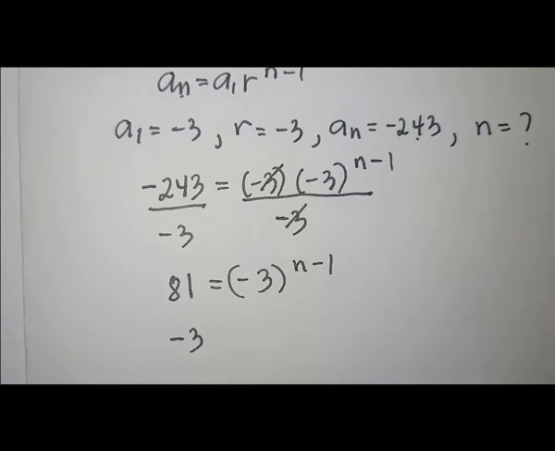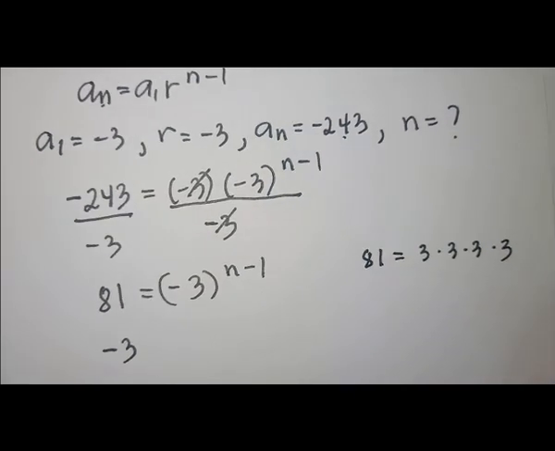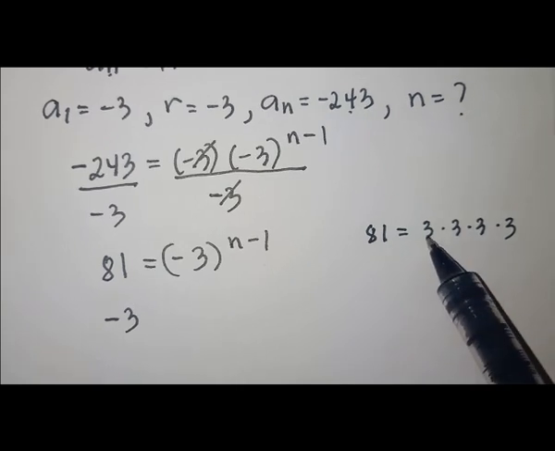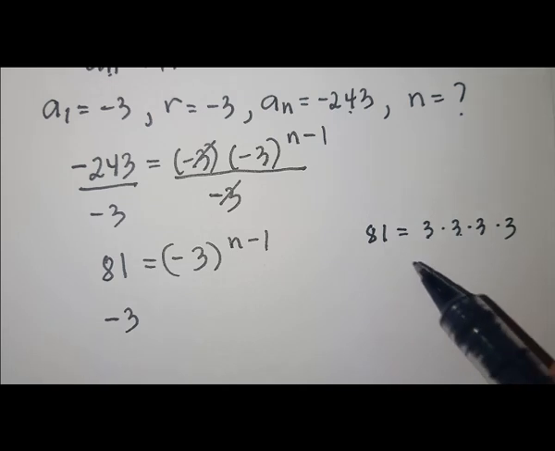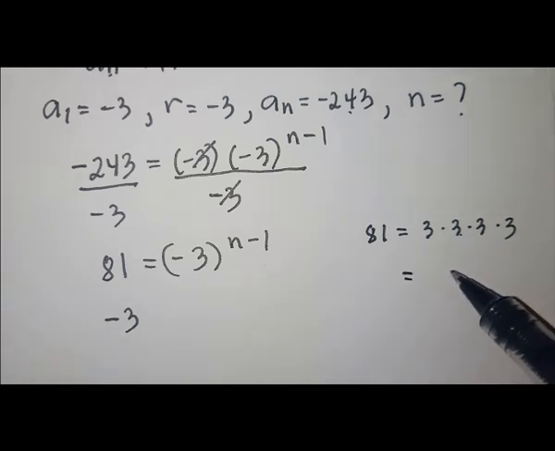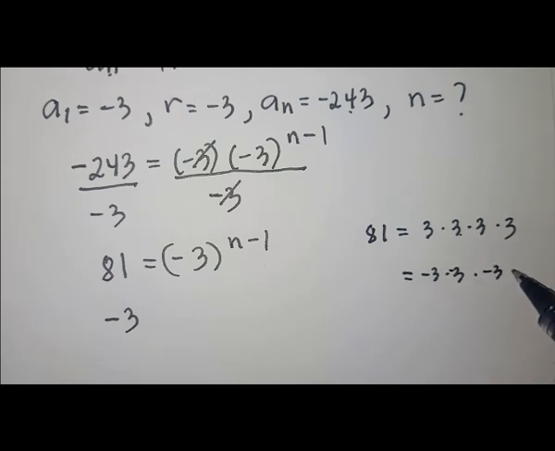Okay, so pwedeng mangyari na si 81 daw ay 3 times 3 times 3 times 3. But in this case, lahat ito ay positive. Okay, so try natin daw yung negative. So, negative 3 times negative 3 times negative 3 times negative 3.